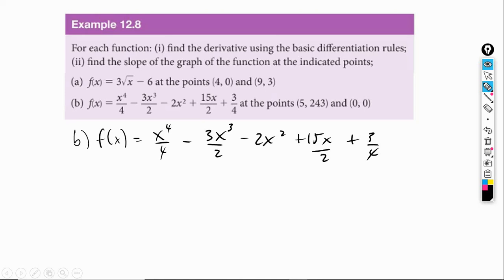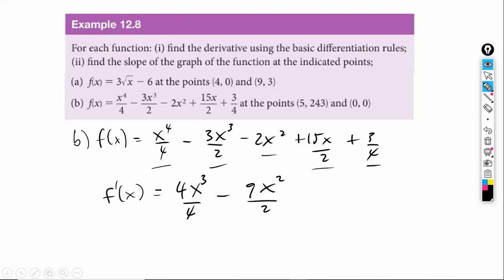So notice that what we have to do really is just apply the power rule to each and every one of these individual terms, right? So the derivative of this function would be equal to 4x cubed over 4 minus 9x squared over 2 minus 4x plus 15/2 plus 0.